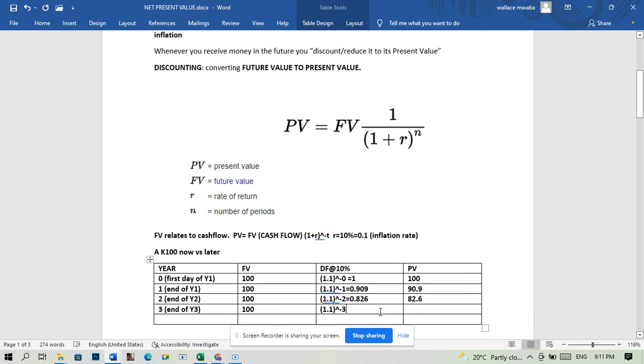And then what about 1.1 to the power negative 3? Did I get that correct?